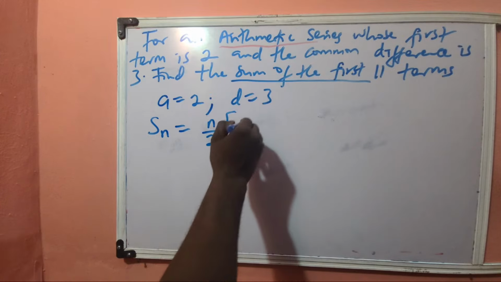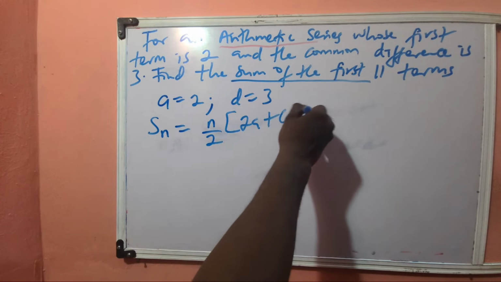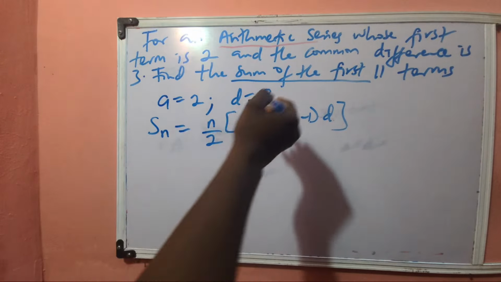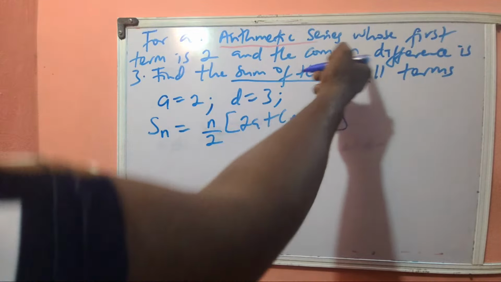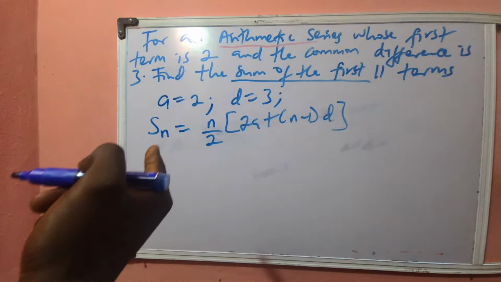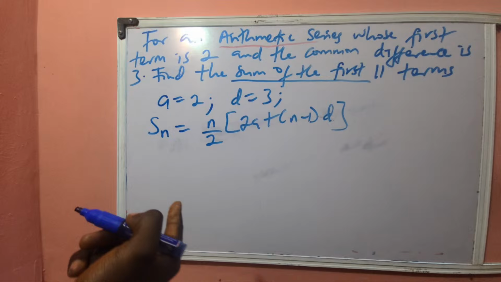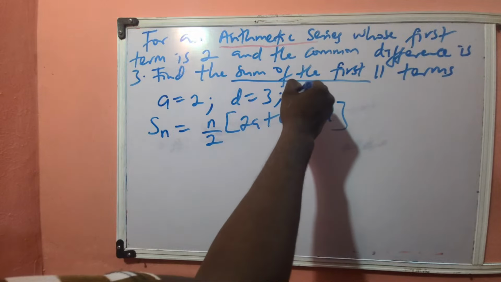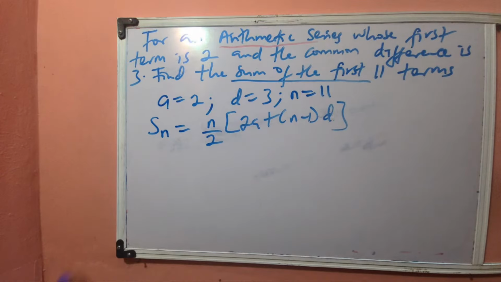I think I've given you this formula when I was dealing with sequences and series. And of course, in this case now, my n was 11 because I was told to find the sum of the first 11 terms. So n here is equal to 11.